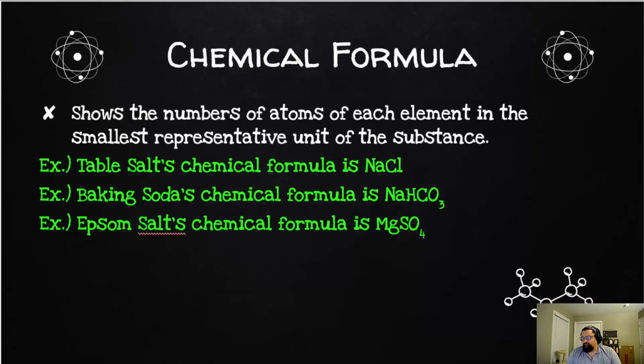All right. Now, when we show this, we represent it with a chemical formula, which for ionic compounds is called a formula unit. So chemical formulas in general show the number of atoms of each element present in a compound.